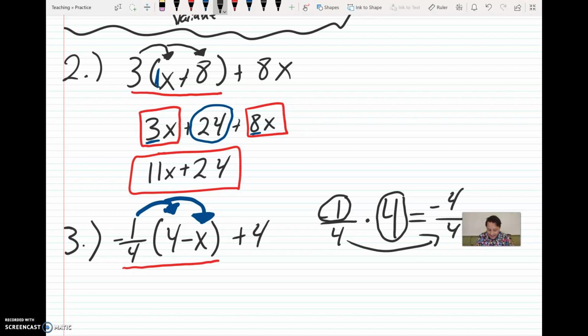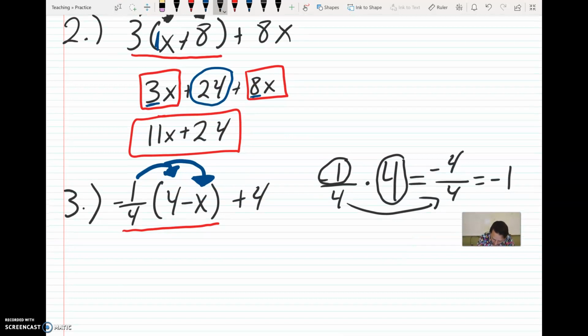Now we're not done yet. We can actually simplify this a little bit further. That's negative 4 over 4. Well, we know 4 divided by 4 is 1, but we have a negative here, so that would be negative 1.